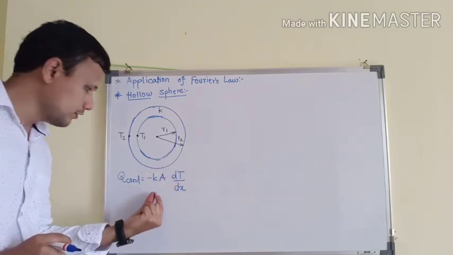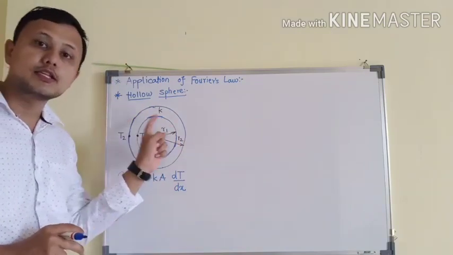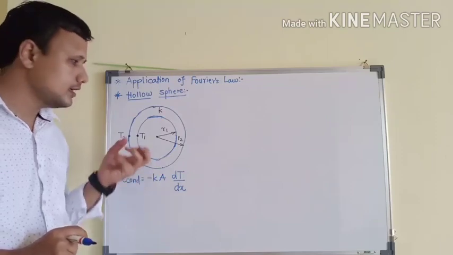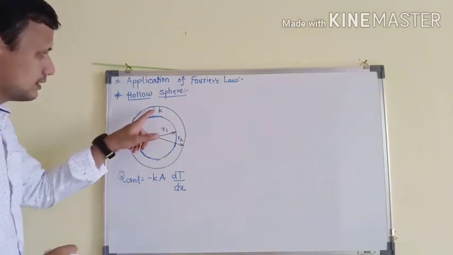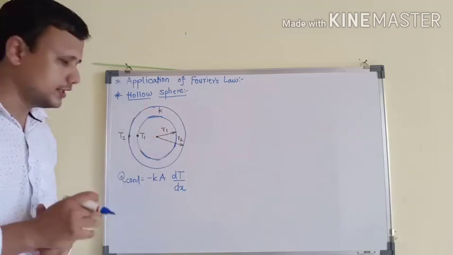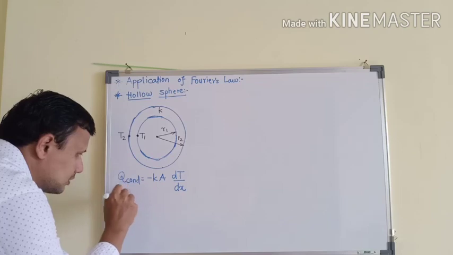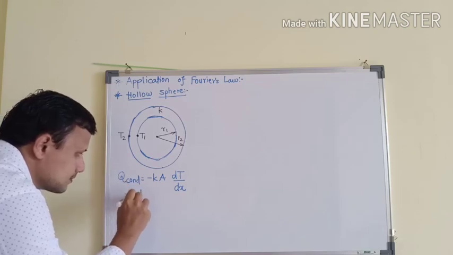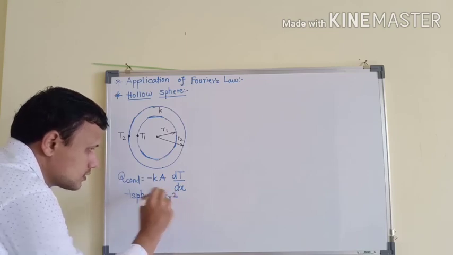Now we need to modify this general equation to suit this particular geometry and these particular conditions. Let us see how it is done. Thermal conductivity K is a constant parameter, no need to change that. But the area of the sphere, as we know, is given as 4 pi r square.